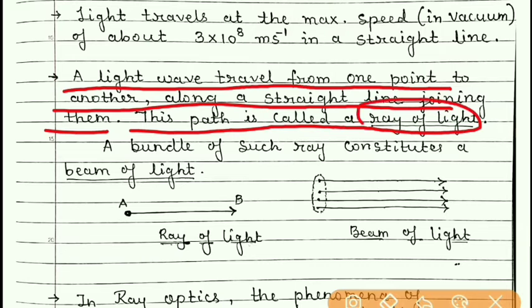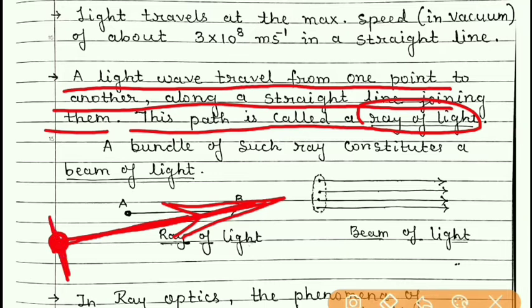From a source, for example a bulb, the light emerges and extends in a straight path in the form of a wave. That is nothing but a ray of light, because one point is the starting point and there is no other end point, so it is a ray.